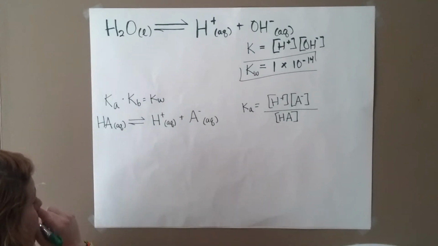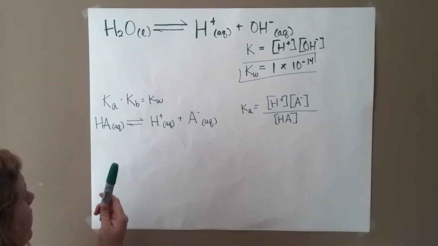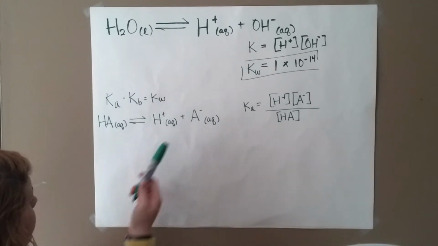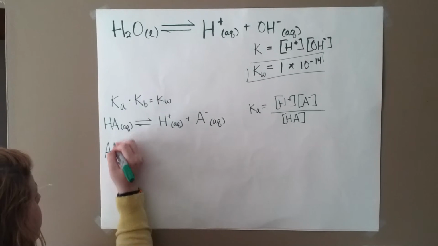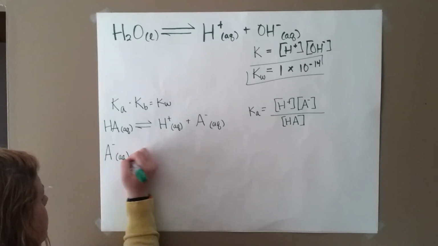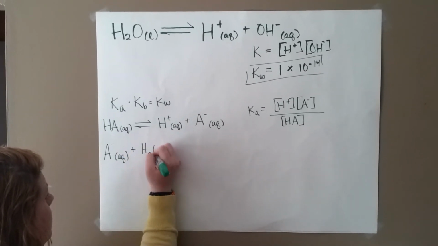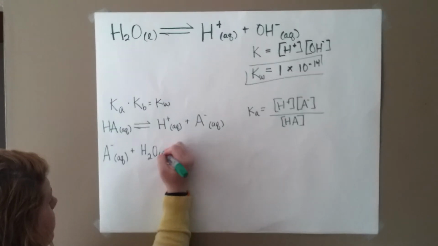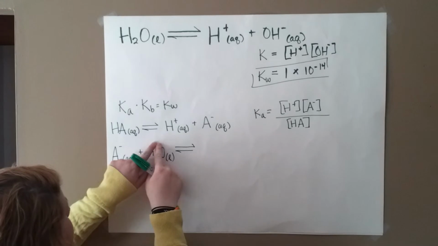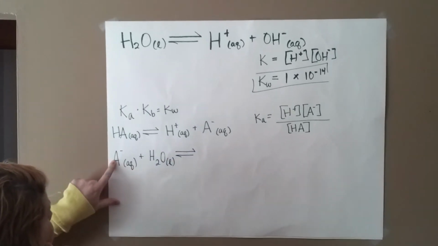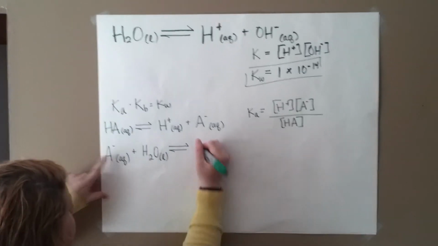And then if we want to take the equilibrium reaction for this conjugate base, it will be written like this. Water is a pure liquid, and it's going to split up, and one of the protons is going to go with this A-.